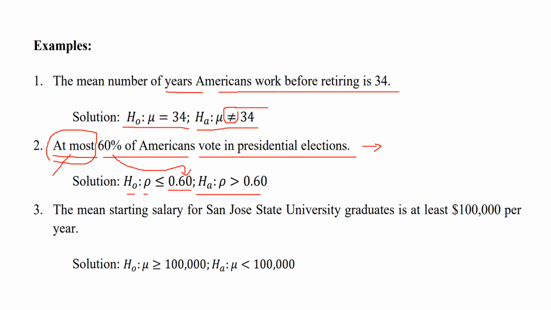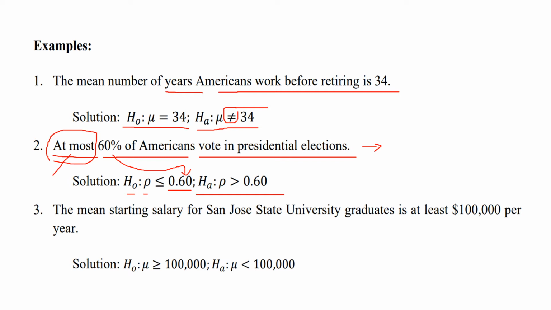Now, for your alternative hypothesis, your rho is greater than 0.60. If we assume in your null hypothesis that your population proportion is less than or equal to 0.60, then your alternative hypothesis is totally opposite of that statement. That's why your rho here is greater than 0.60. So all values of your population proportion should be greater than 0.60 once you are dealing with your alternative hypothesis.